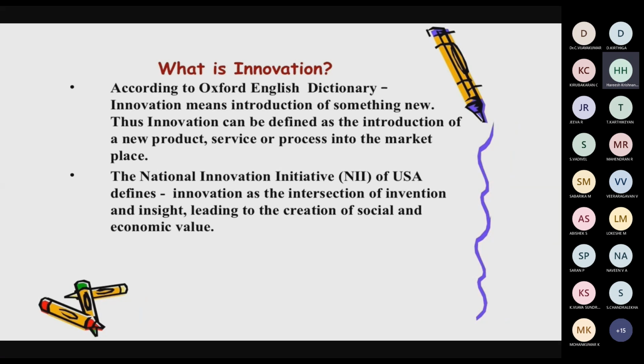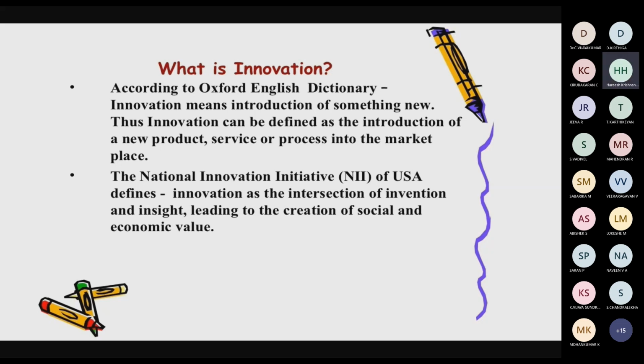And what is innovation? According to the Oxford Dictionary, it is something new, the introduction of a new product, service, process, or idea into the marketplace. The National Innovation Initiative of the USA defines innovation as the intersection of invention and insight leading to the creation of social and economic wealth.